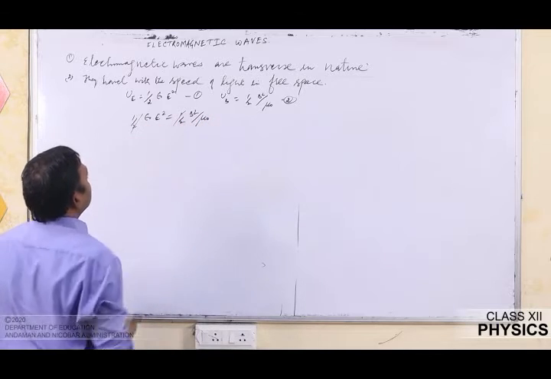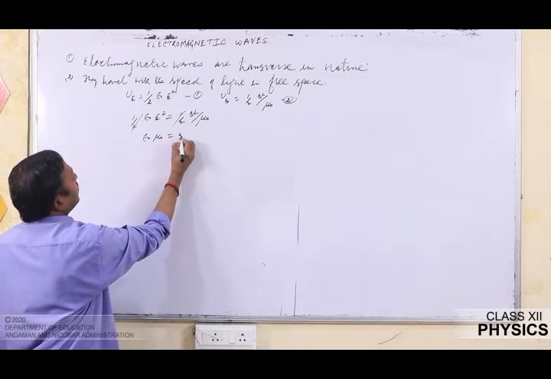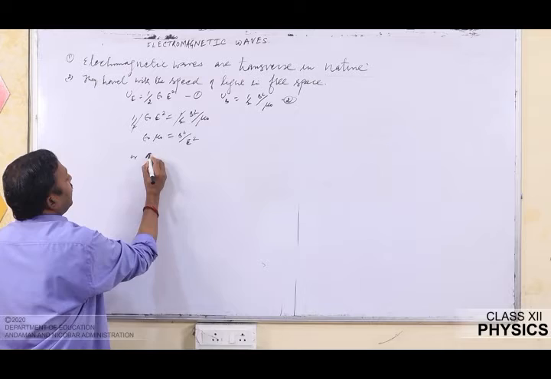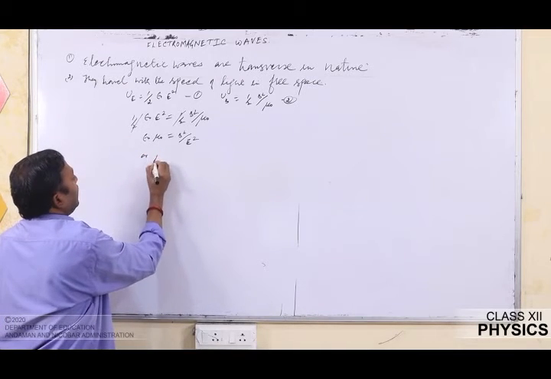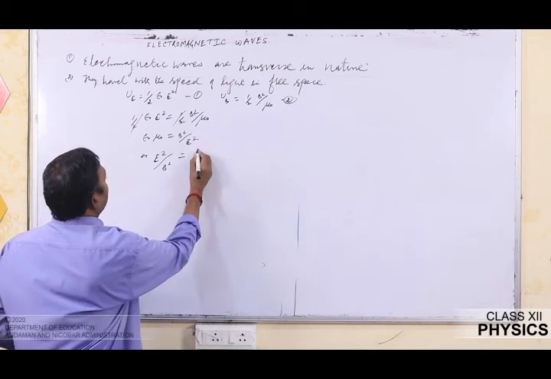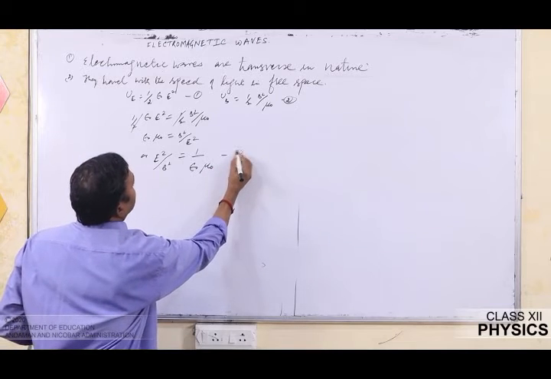Half gets cancelled out, and you will finally get epsilon 0 mu 0 is equal to B square by E square, or E square by B square is equal to 1 by epsilon 0 mu 0. Let this be equation 3.